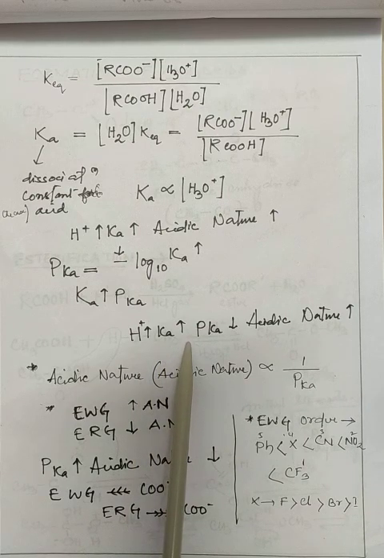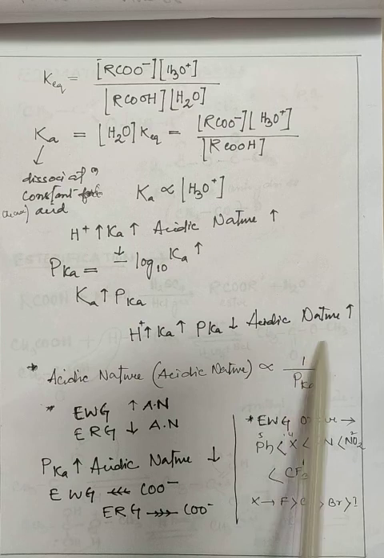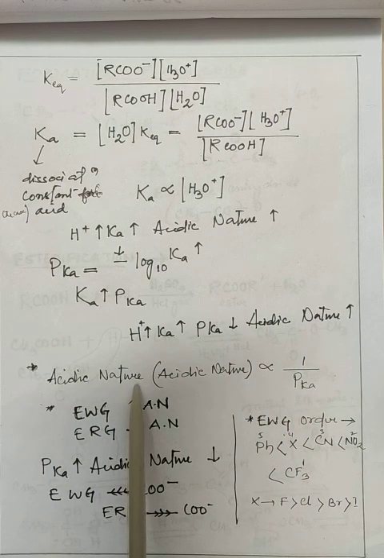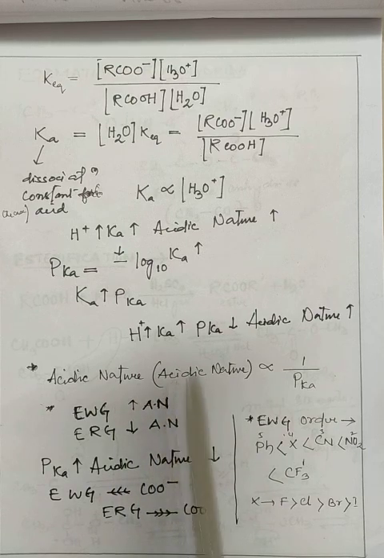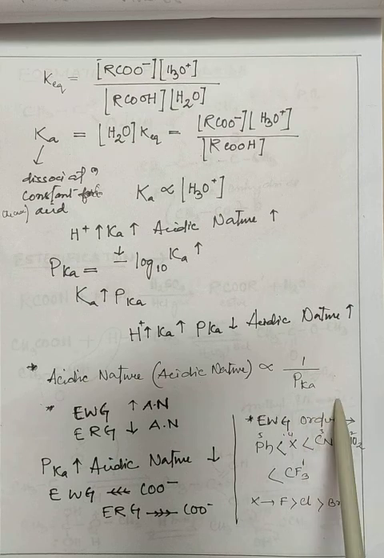If Ka is increased, then pKa is decreased. If pKa is decreased, then the acidic nature is increased. So acidic nature is inversely proportional to pKa.